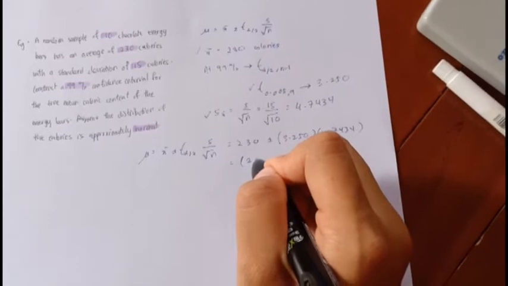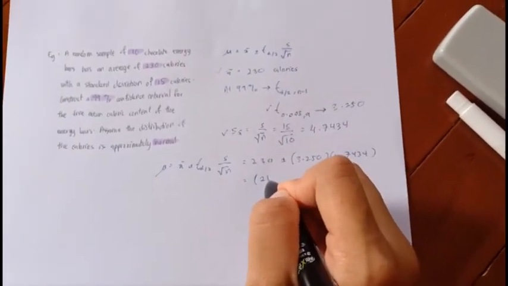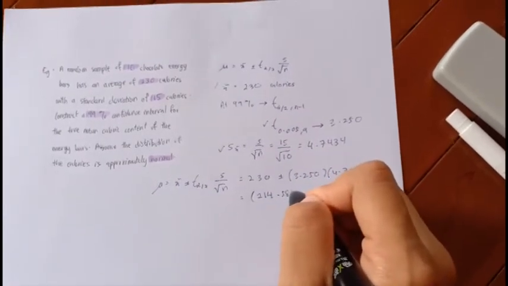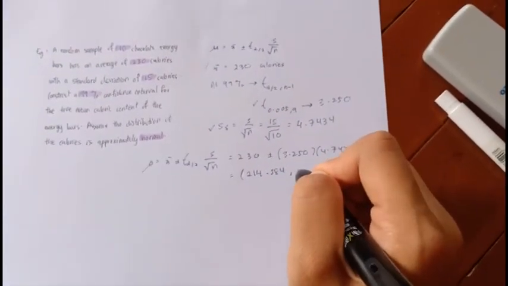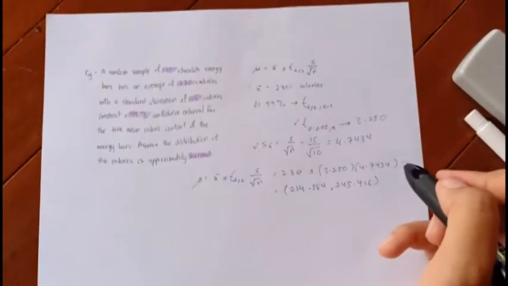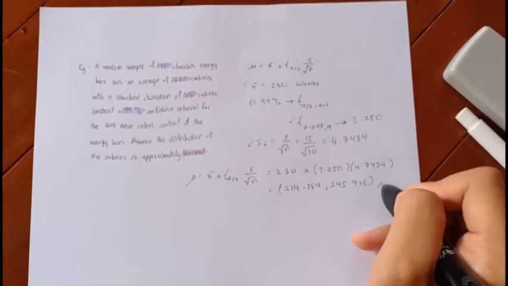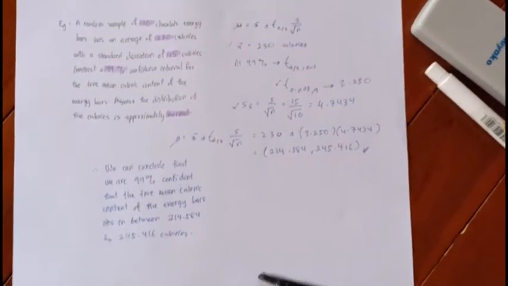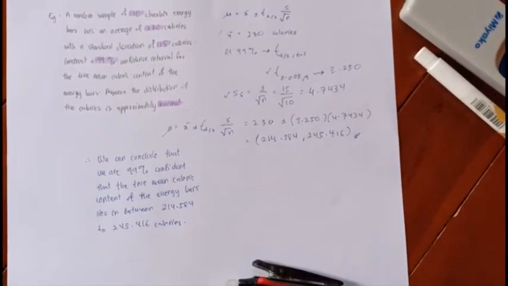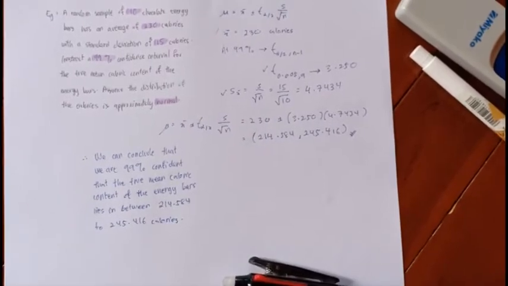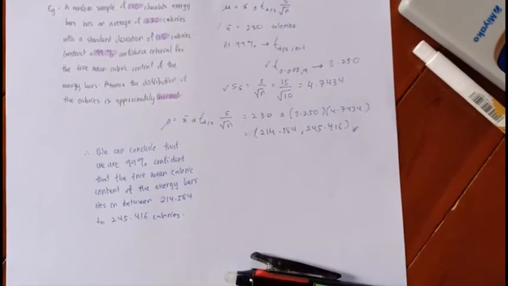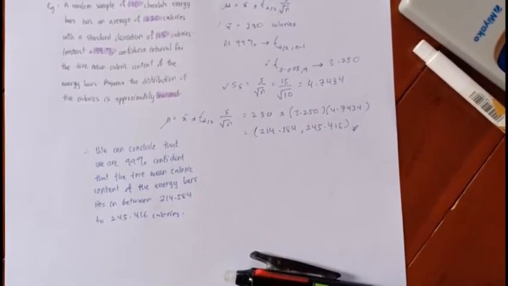So the answer will be in between 214.584 and 245.416. We now can conclude that we are 99% confident that the true mean caloric content of the energy bars lies in between 214.584 to 245.416 calories.